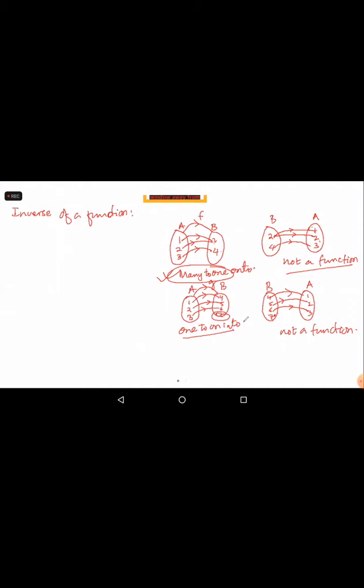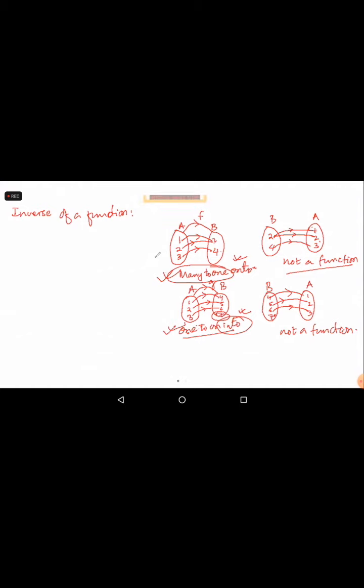If the function is many to 1, its inverse does not exist. If the function is an into function, then its inverse does not exist. So for the inverse of a function to exist, it must be 1 to 1 and onto, both. If the given function is 1 to 1 and onto, then its inverse exists and we say that the function is invertible.